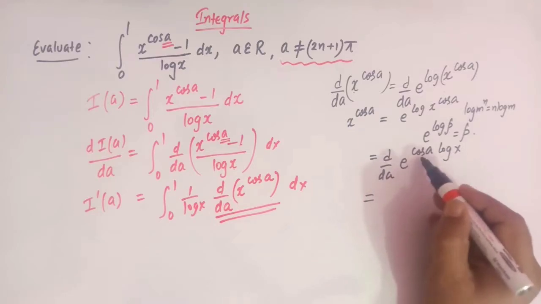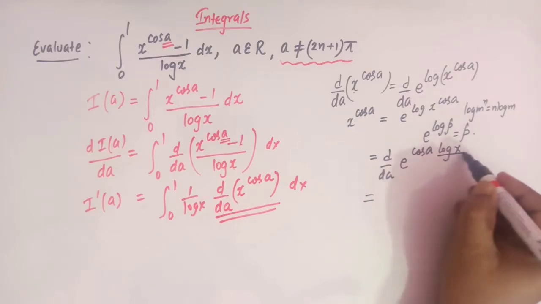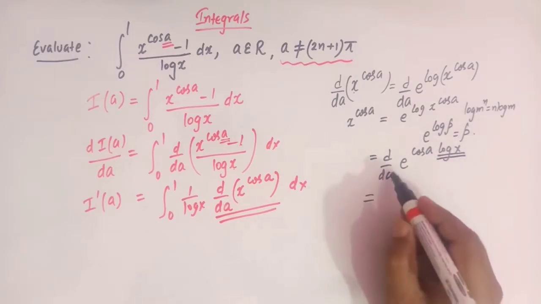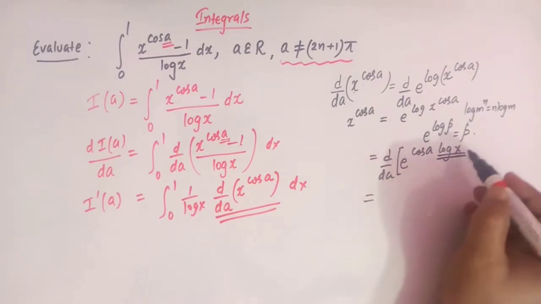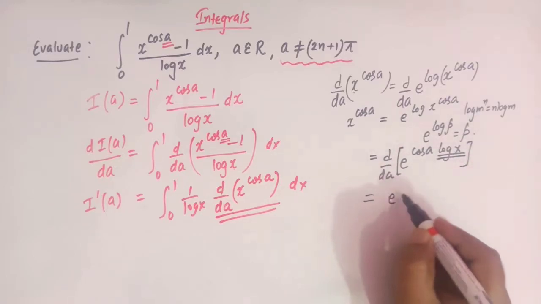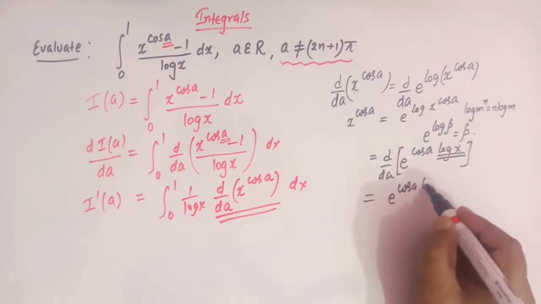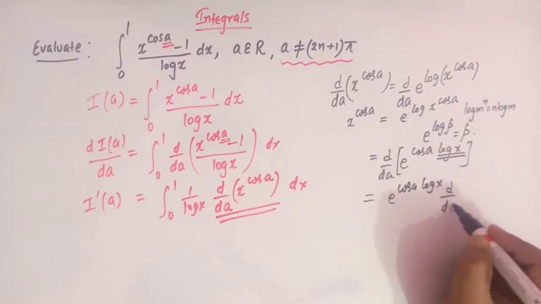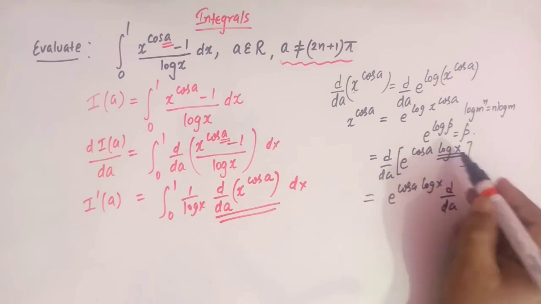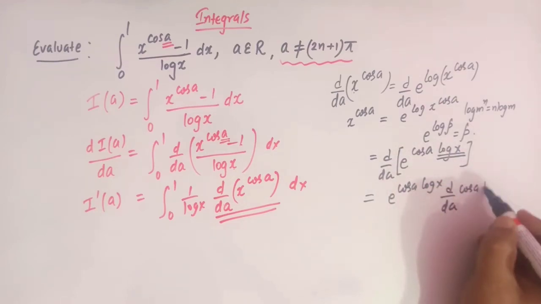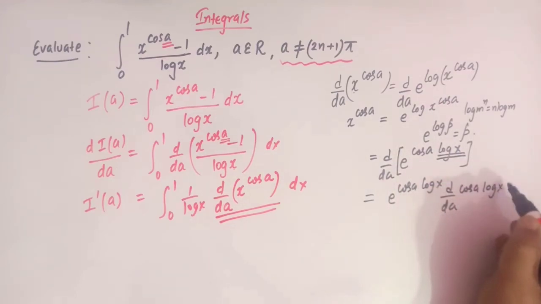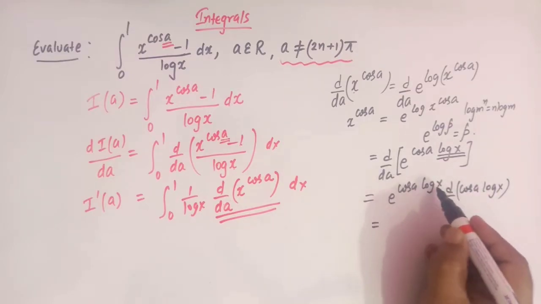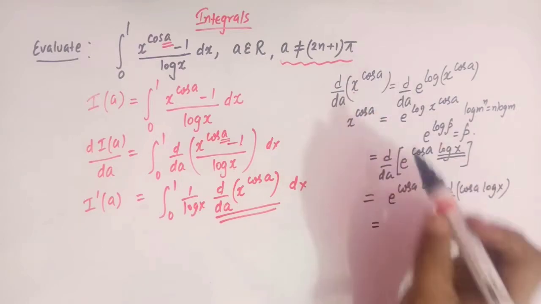The derivative of e raised to cos a log x is e raised to cos of a log of x, and then by chain rule we differentiate the exponent with respect to a, that is cos a log of x. Now e raised to cos a log x is equal to x raised to cos a.